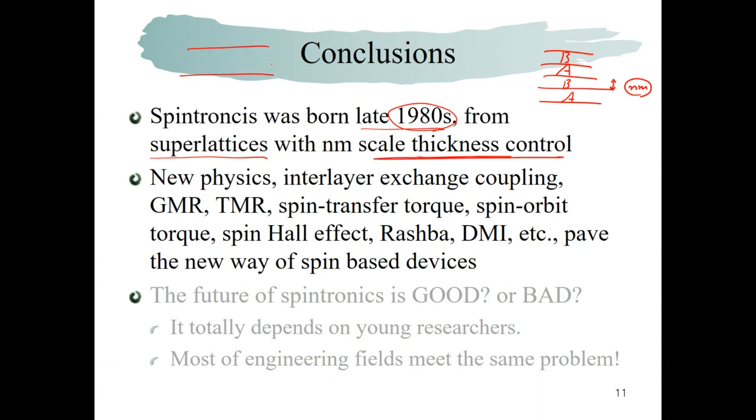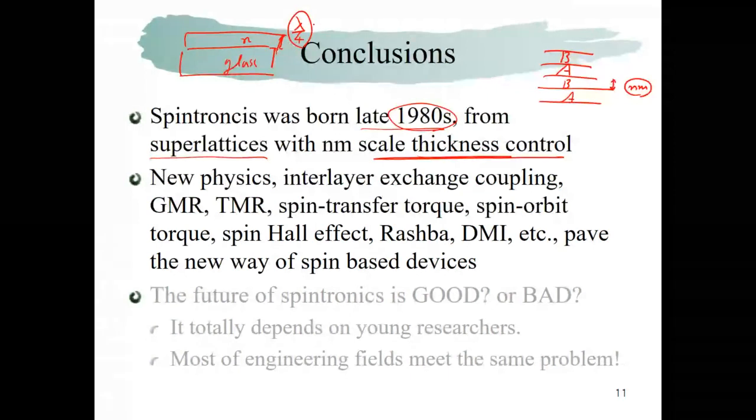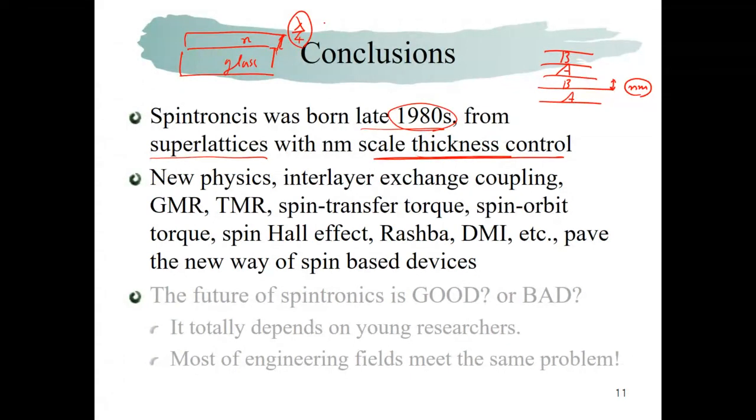For example, when you think about the anti-reflection coating, if you have some glass and you add a very thin dielectric layer with refractive index n, the thickness should be on the order of lambda over 4. This quarter of the lambda is a very important thickness scale. When the thickness meets this special value, we can enhance the reflectivity or suppress the reflections.